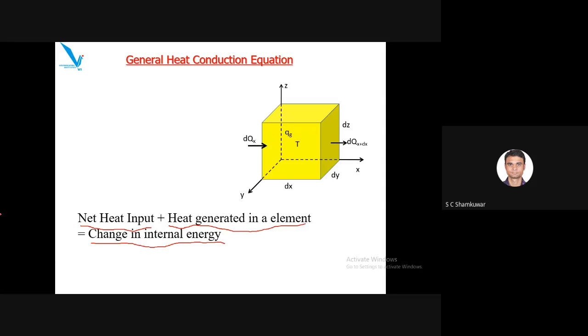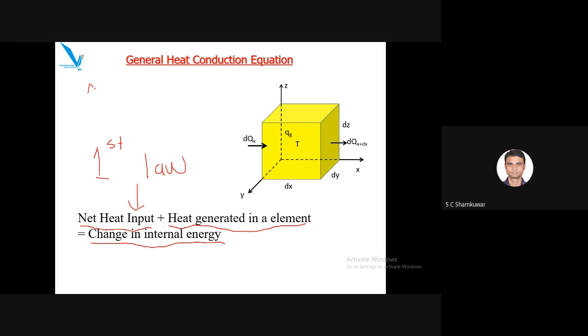This is the first law which is applied to the rectangle. Net heat input plus heat generated in an element is equal to change in internal energy.